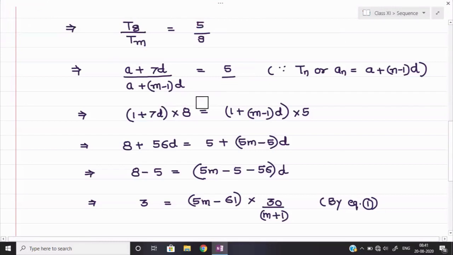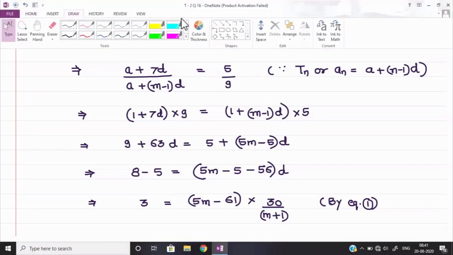So we can cancel this one. Here also we'll make correction. Some corrections we need to make it now. This will be 9 actually. Okay, I read as 8. So this will be 9 plus 63d. Okay, and then some more corrections we need to make.